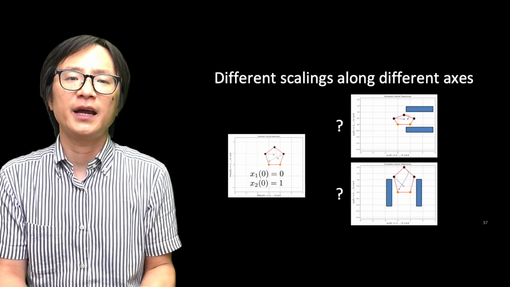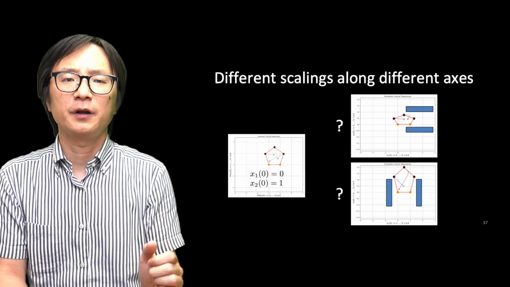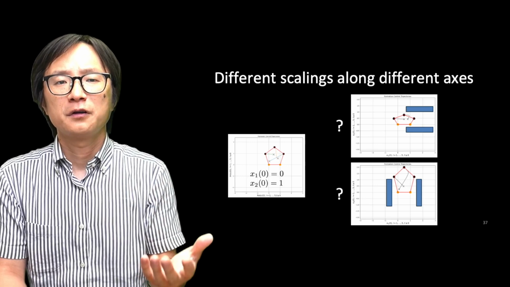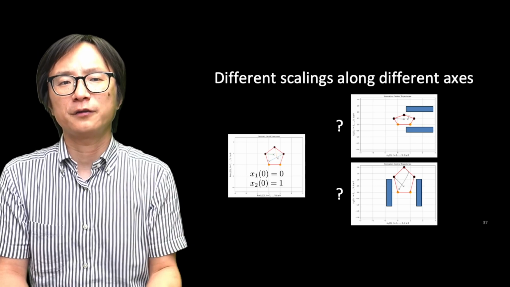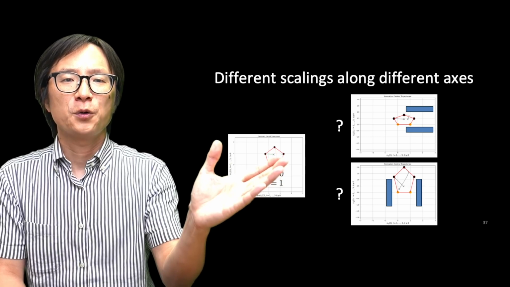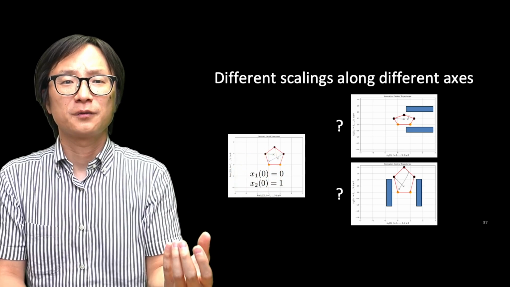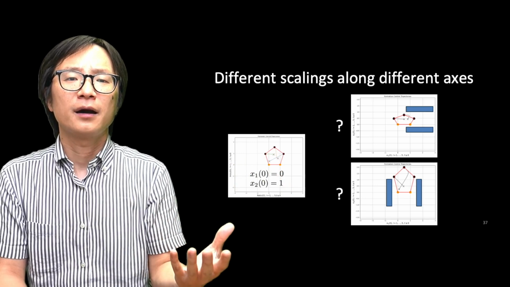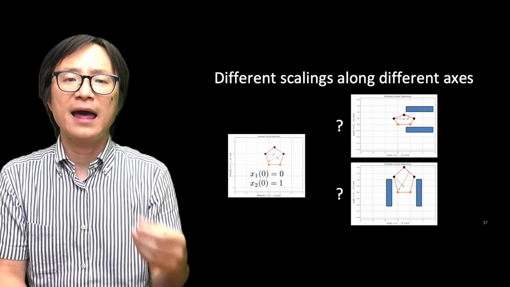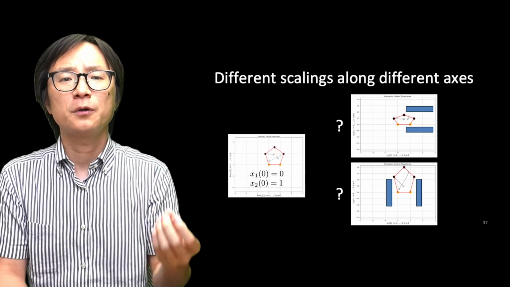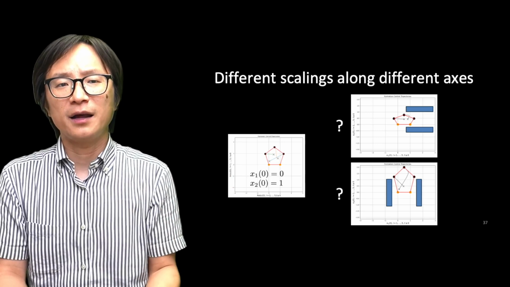However, such different scalings cannot be done in similar formations because there's only a single scaling ratio in similar formations. And to be able to scale with different ratios along different axes, we will need a different way of controlling the formation. And that is what's called affine formation, achievable using signed Laplacians.